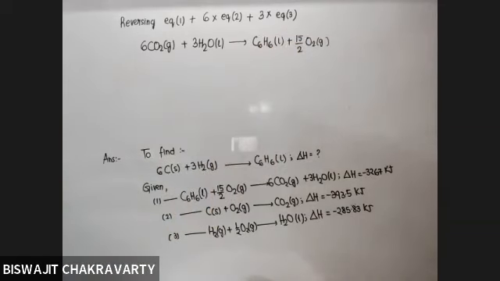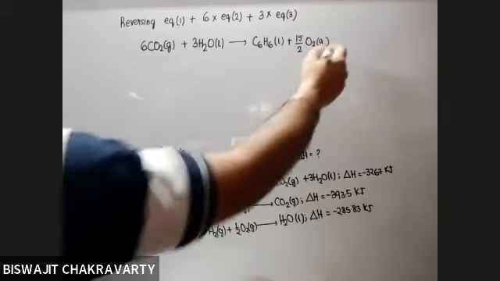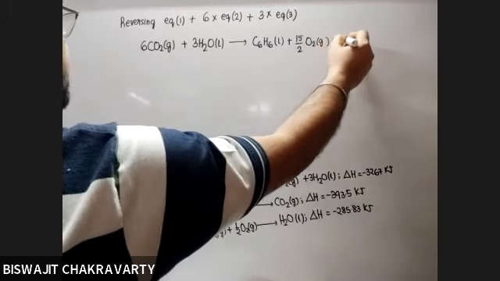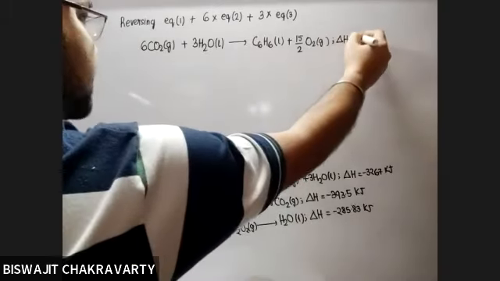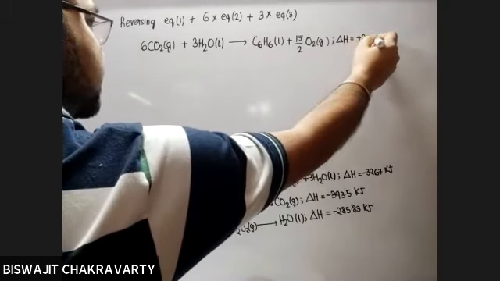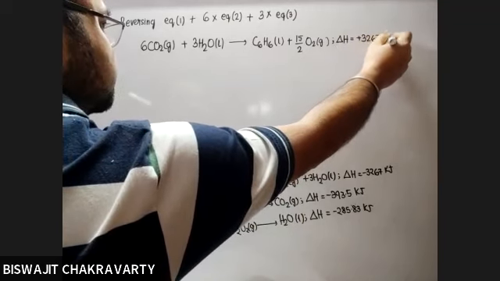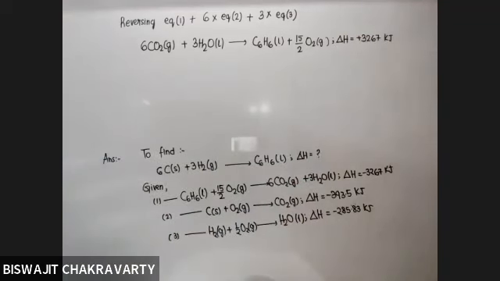Isn't it? Yes, sir. So along with it, you also write down the changed value of delta H. Now it is plus 3267 kilojoules.